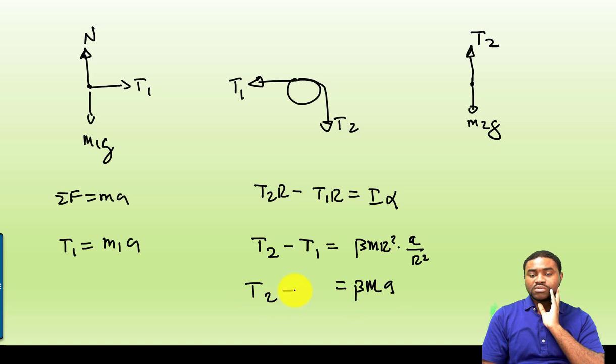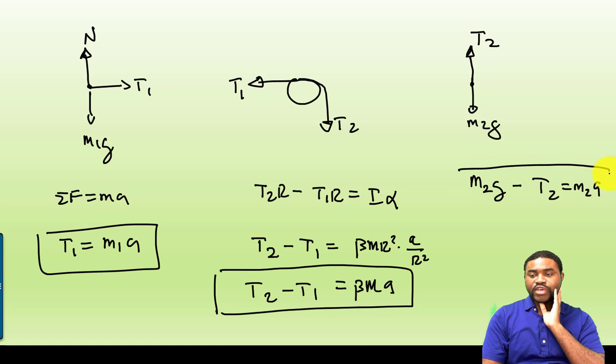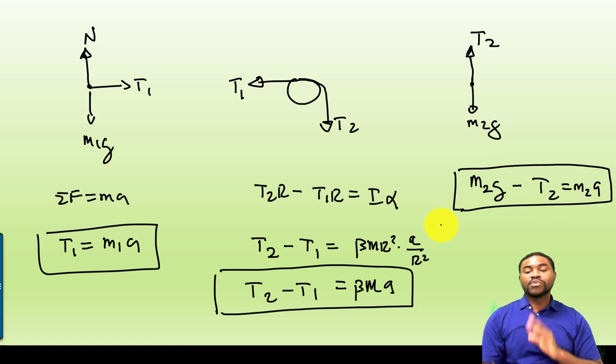So T2 minus T1 is equal to beta MA. That is the equation of motion for the pulley. For block 2, you have M2G minus T2 equal to M2A. This is the equation of motion for block 2.